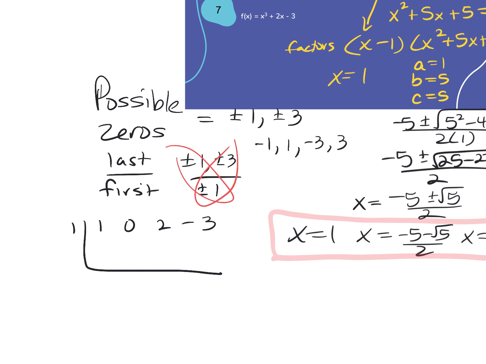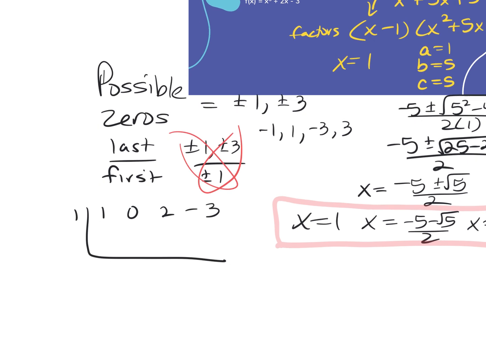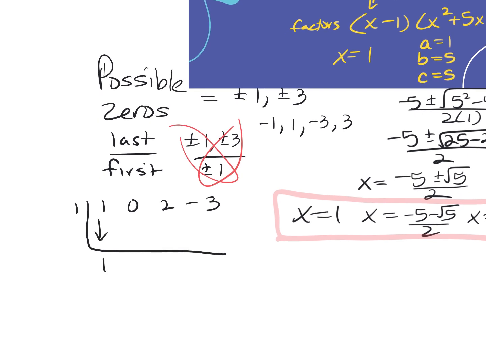I've got 4 choices. If I don't get a remainder of 0, then I scrap that and start over again. So I'm going to bring down, multiply, add the column, multiply, add the column, multiply. I got my remainder of 0.